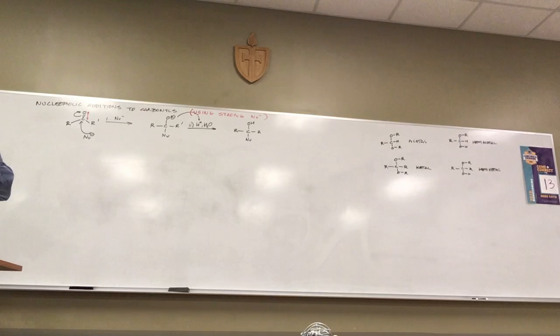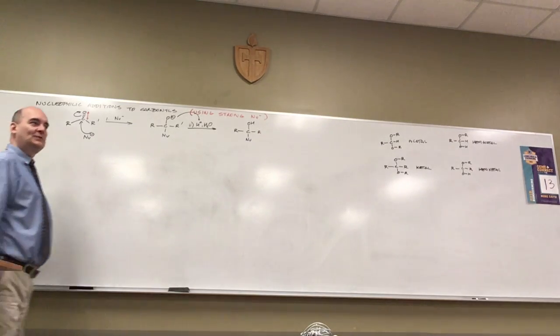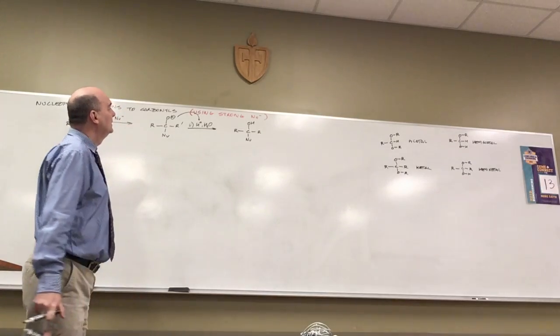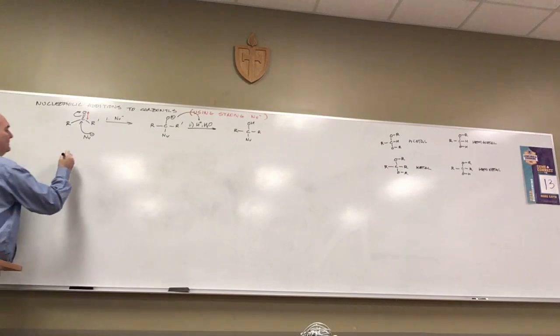Something not particularly big and with a negative charge. Methoxide. I just erased that one, it was already on the board. Chloride? No. Chloride is weak. Okay, what about amide? It's not a good base. Amide's a really good one.